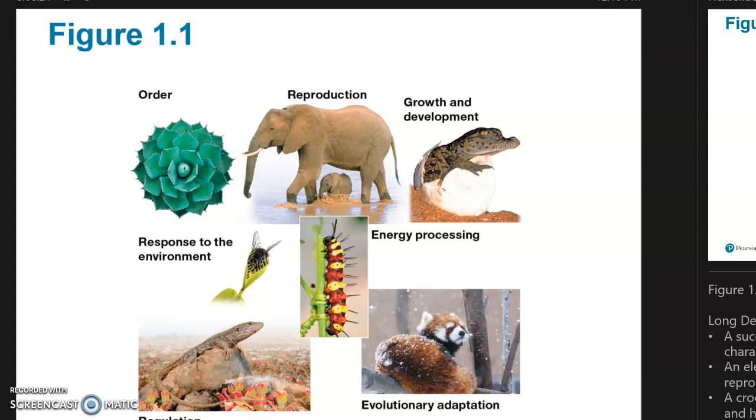So another one that would fall under regulation or maintaining homeostasis would be, how is our core temperature regulated? What are some ways that we regulate it? What if we go outside and it's really hot and we're doing a lot of exercise? We sweat, and that keeps our core temperature from being too high.